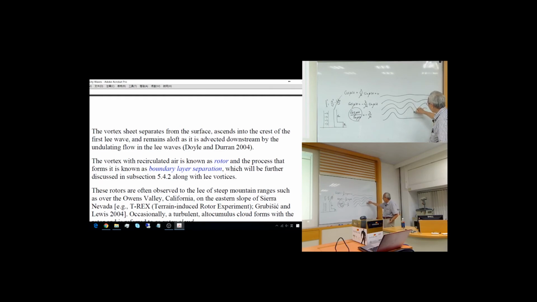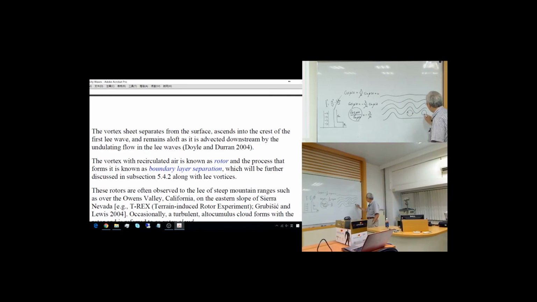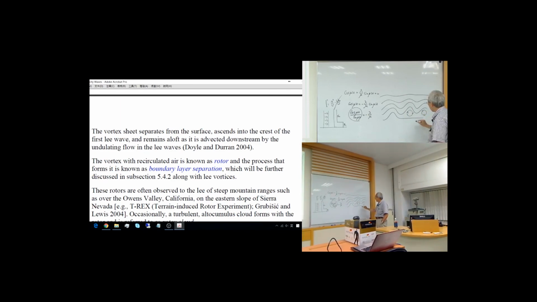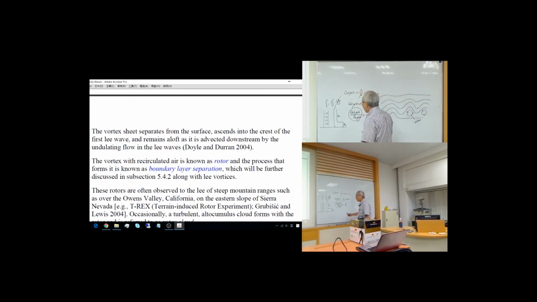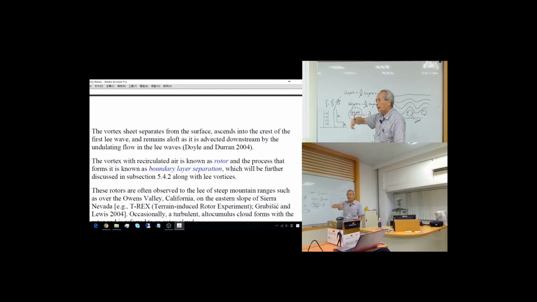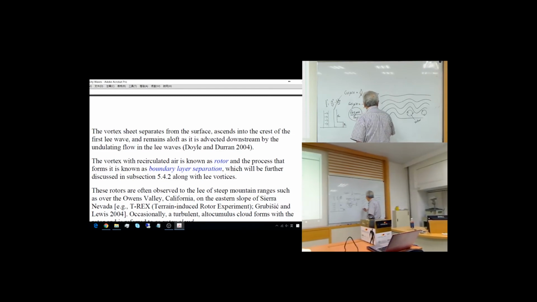If this amplitude is large, then what happens is you can have recirculation in the vertical domain like this. And this is called rotor. In, I think, 2006, there was a field experiment in the States around the Sierra Nevada, and it's called T-Rex.